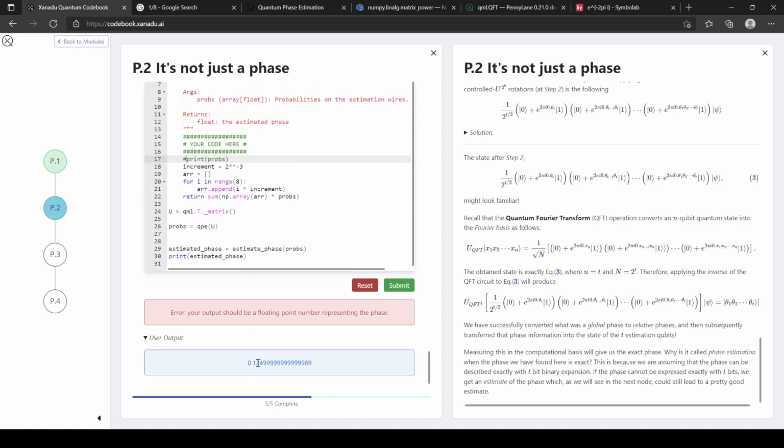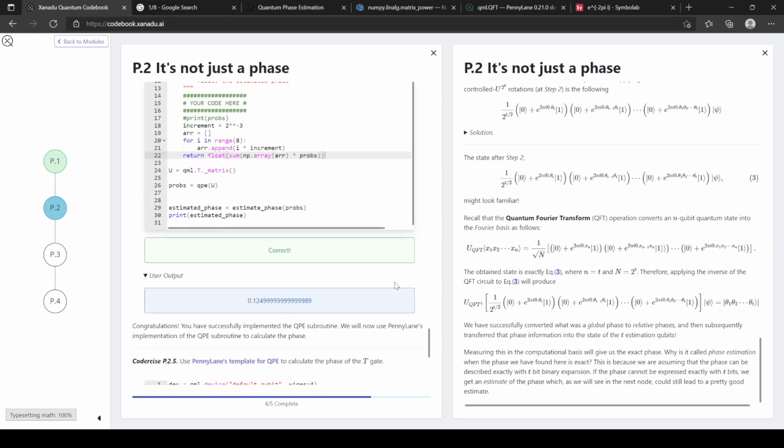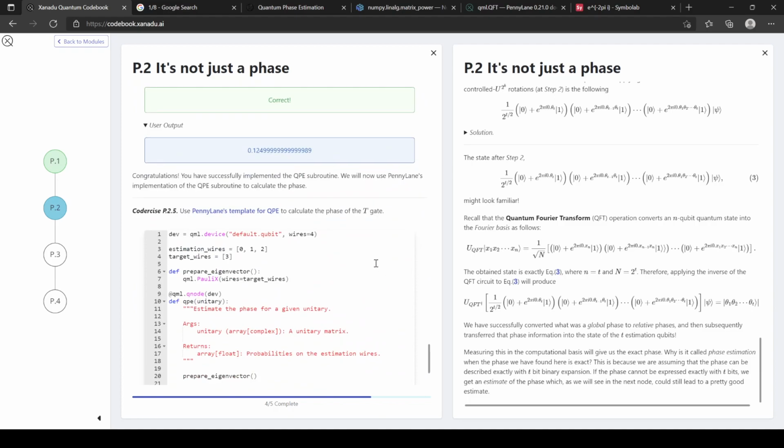Okay, I'm literally getting it right. Output should be a floating point. Okay, well, what the hell is this type then? Oh, it's okay. Really have to cast this to a float. That's funny. That's really funny.